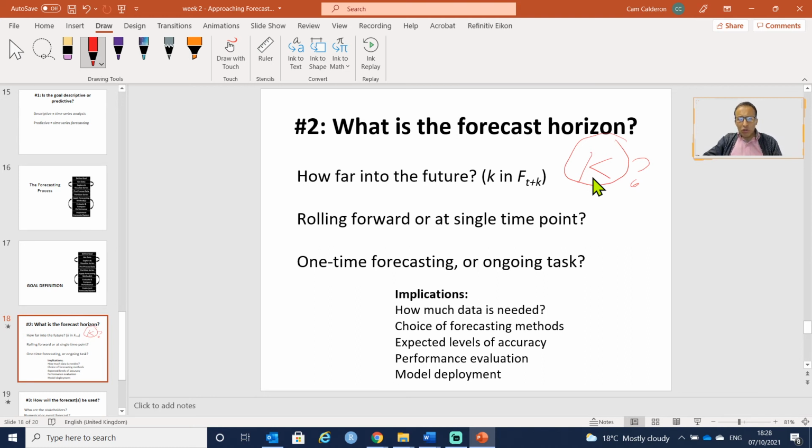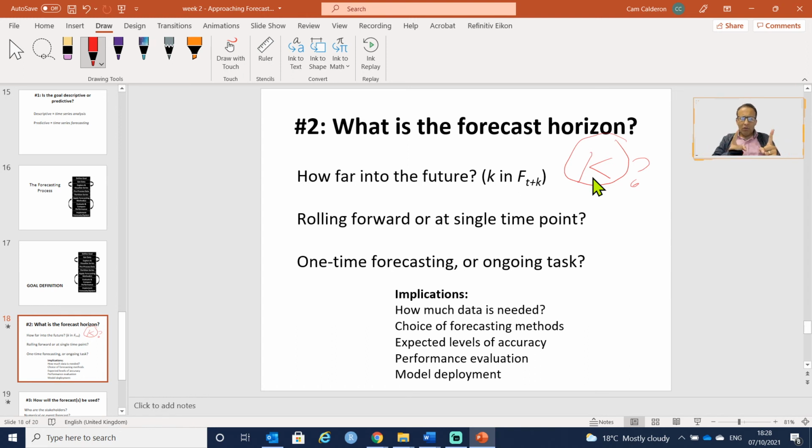Also, you will need to decide whether you are roll forward forecasting. If you want roll forward forecasting, you are adding more data every time that time passes. So you carry on adding more data, and you roll forward forecast. Say that you are forecasting any asset or equity, Tesla.